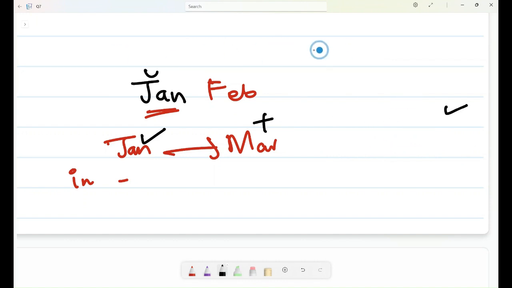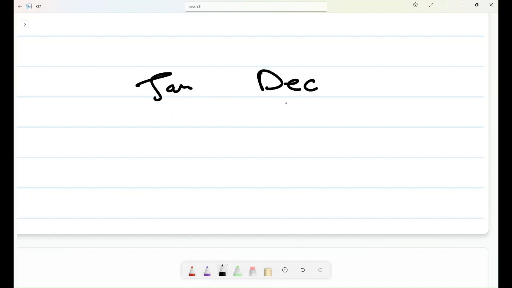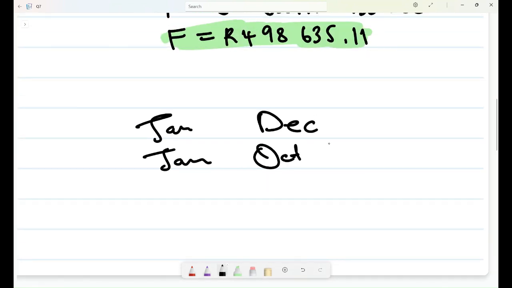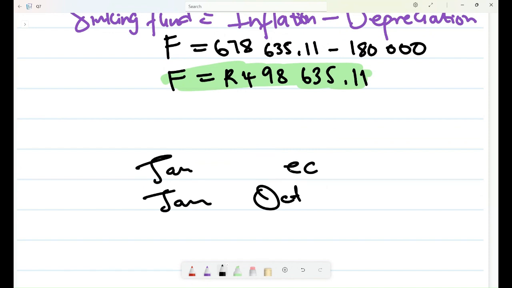Now, what about early payments? Let's say I was supposed to pay from January to December, but I make faster payments and end up making payments from January to October. So I make my payments faster, meaning that my last payment will be made 2 months before the actual month that I'm supposed to pay.